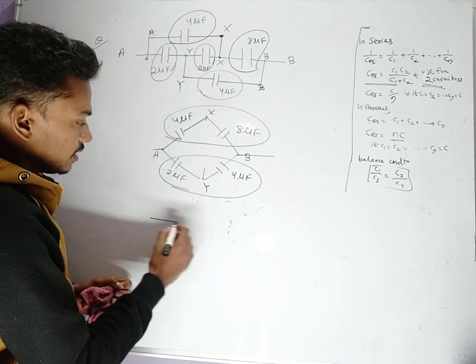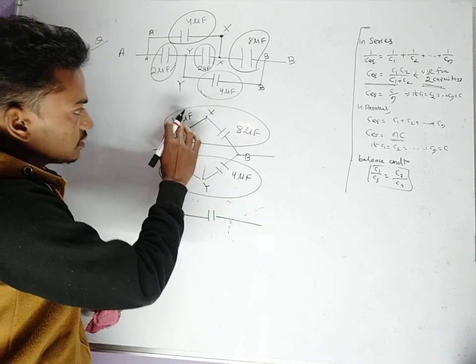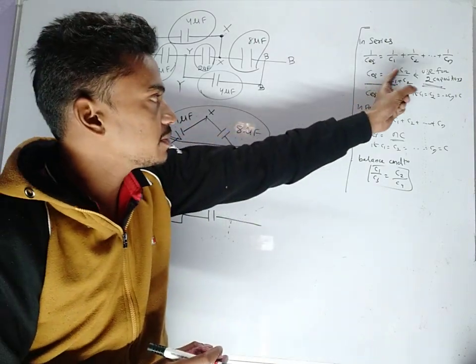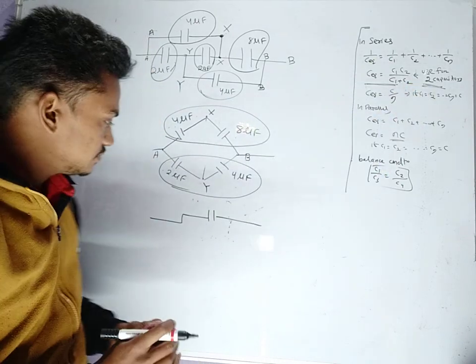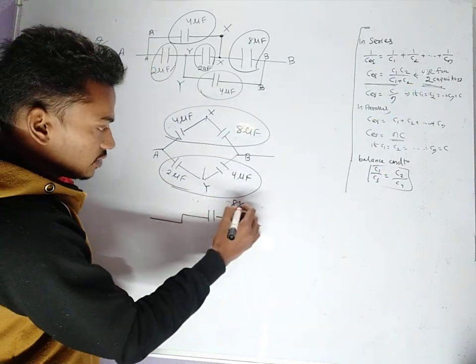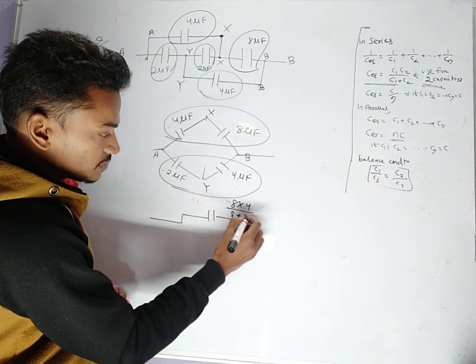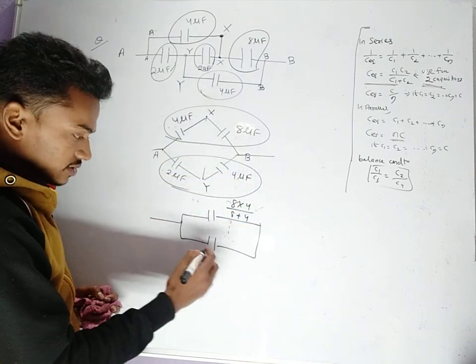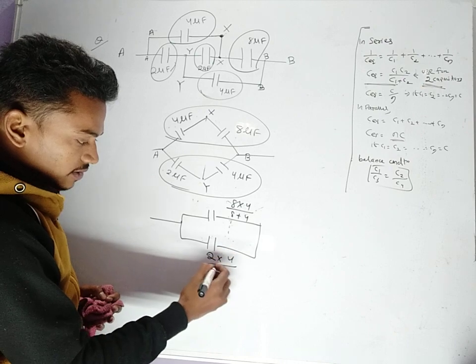As these two are in series and two capacitors are used, you can use the formula C1 C2 by C1 plus C2. Simply 8 into 4 by 8 plus 4, and these two are also in series, so you have 2 into 4 by 2 plus 4.